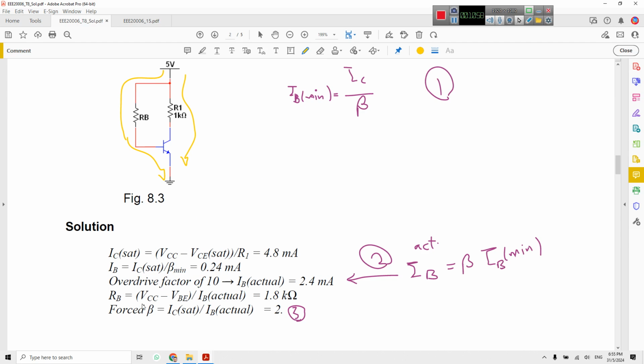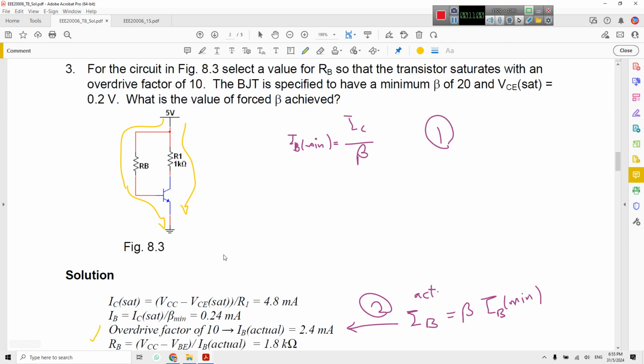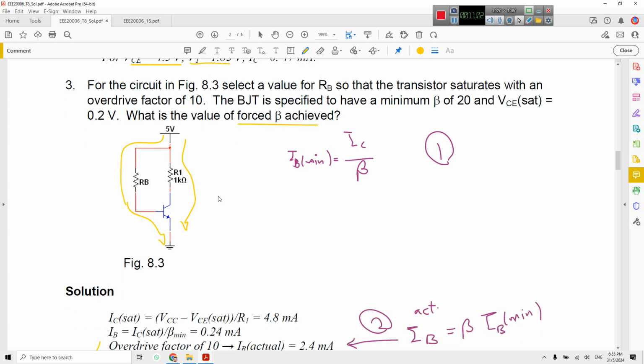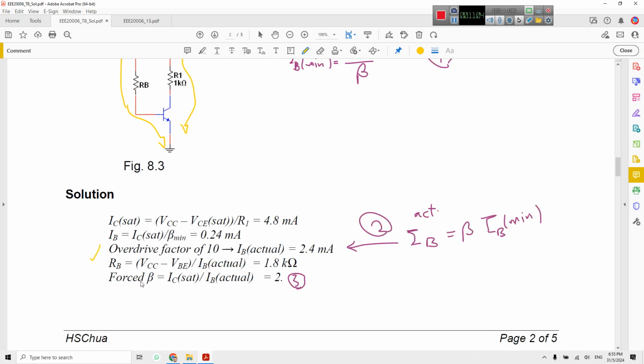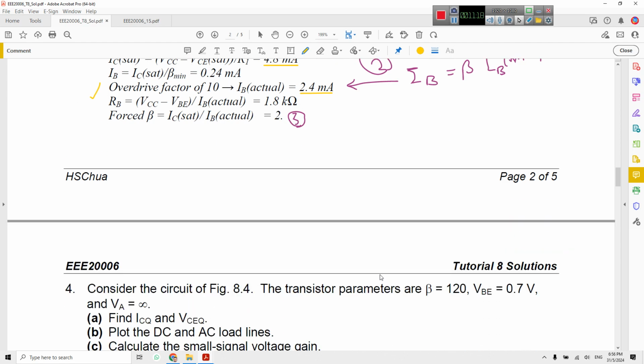Then the IB can be found, and the forced beta, which is asked here. The forced beta is step number 3, IC sat over IB actual. So we know IC sat, which is this value, and the IB actual, which is this value. So the forced factor is 2.